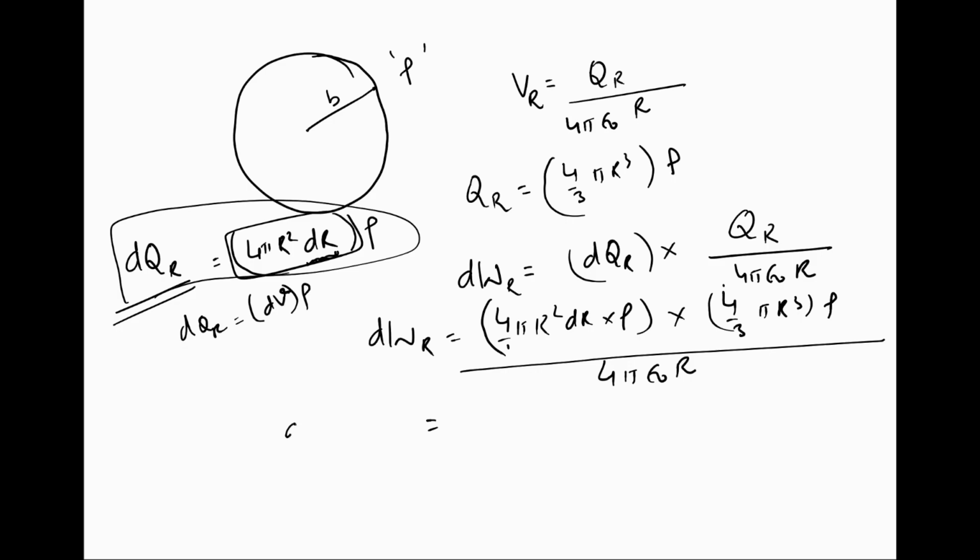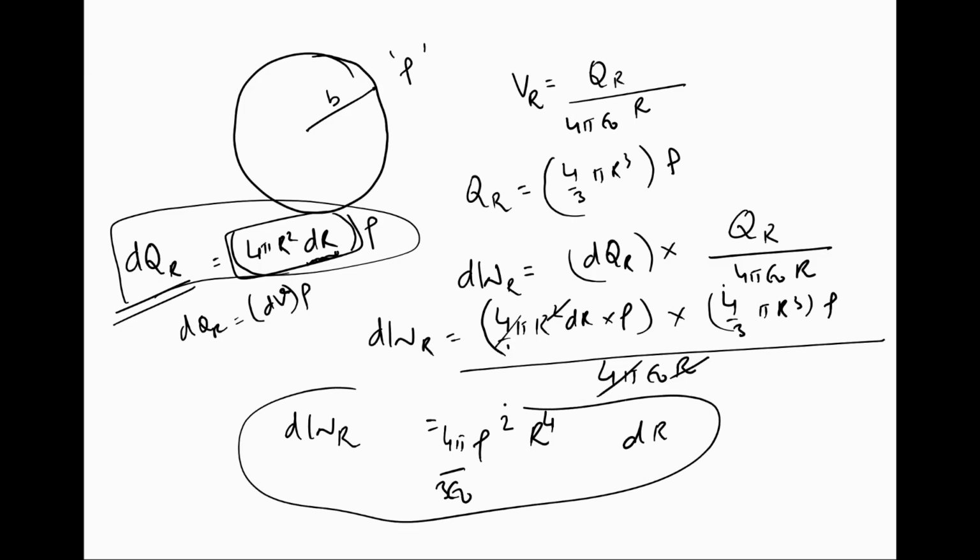So dw_r will be written as, 4 pi got cancelled out, one r got cancelled out, rho square 4 pi over 3 epsilon naught, dr will be here and r to the power 4. So this is the work done which is required when I bring this small charge from infinity.